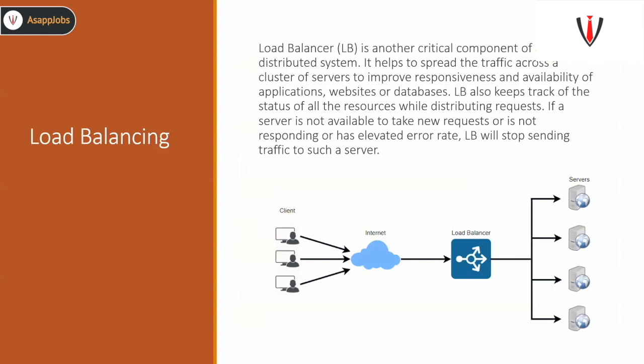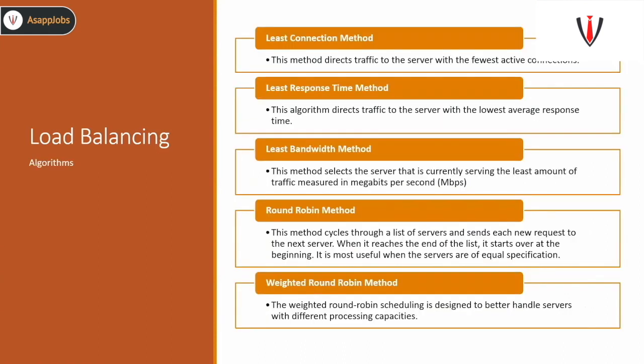Any other algorithm? So like some of these algorithms, right? What is the least connection method? If I have, let's say, N servers and one of them has the least connections, maybe I should route it to that one. Or maybe the least response time method, because maybe some server is just doing so well that its average response time is low. Maybe I should route it there.